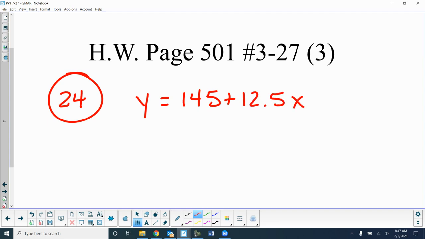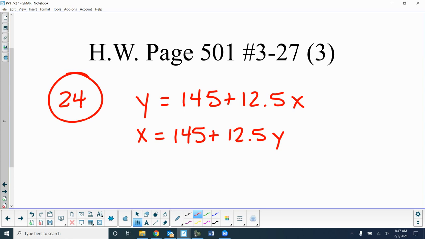Again, they had f of x, but we're thinking that's y equals, right, Nicole? Yeah. So all I'm doing is making x equals 145 plus 12.5y.